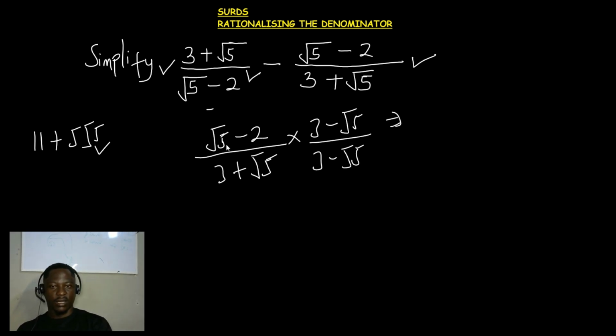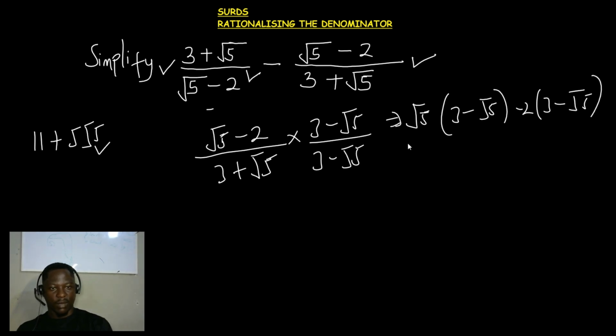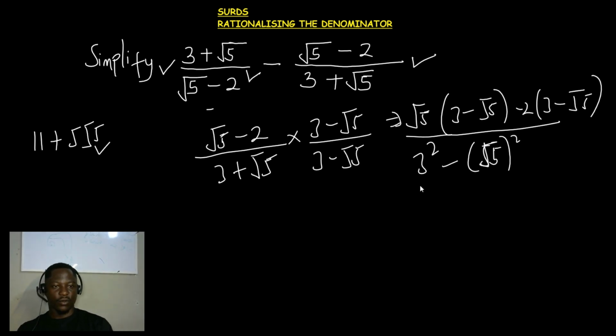Here root 5 is going to multiply, so it's going to be square root of 5 multiplied by 3 minus root 5, and then minus 2 multiplied by 3 minus root 5. The denominator is going to be a difference of two squares, so we are going to have 3 squared minus square root of 5 all squared.